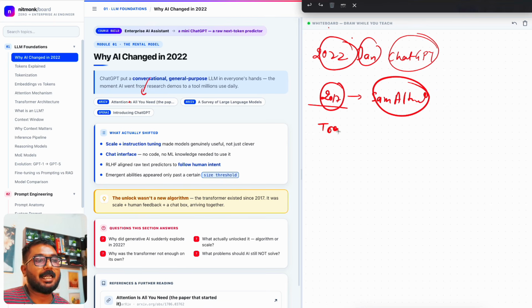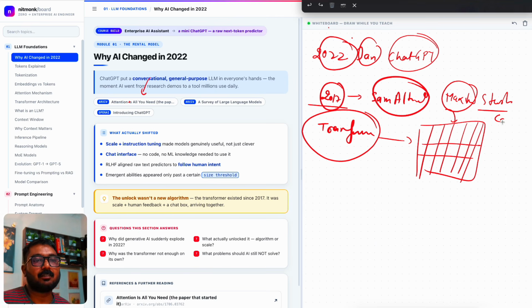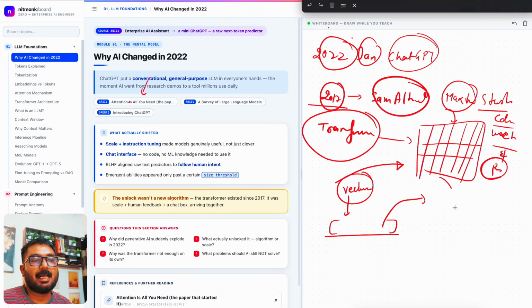If you try to understand transformers, it's like having a very large matrix, or you could say a statistical calculation of weights and parameters, which, once any input comes in as a list of numbers in the form of a matrix, gives us a list of numbers in terms of a matrix.